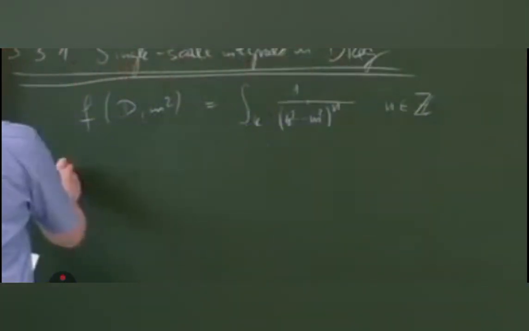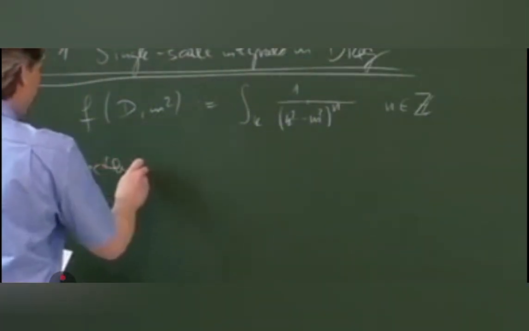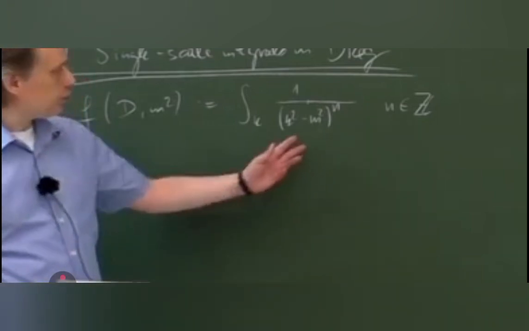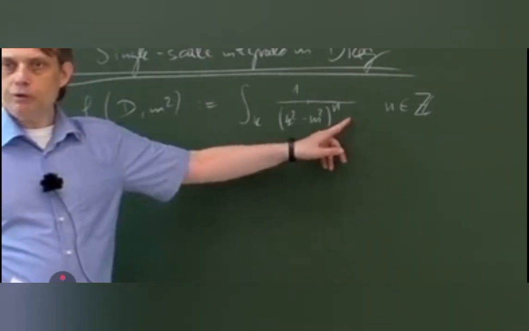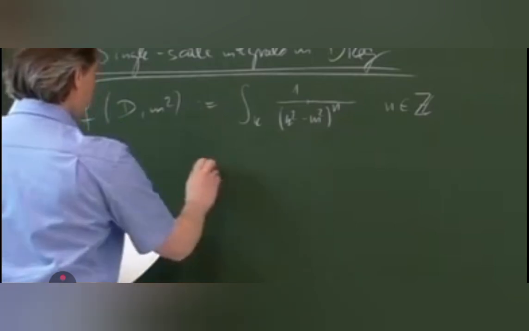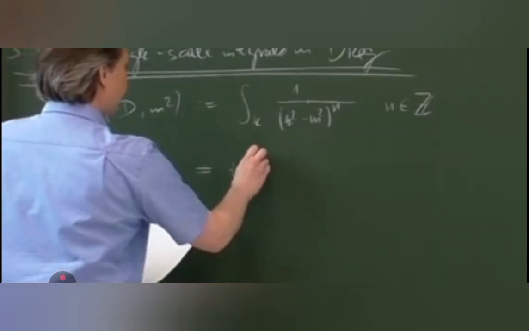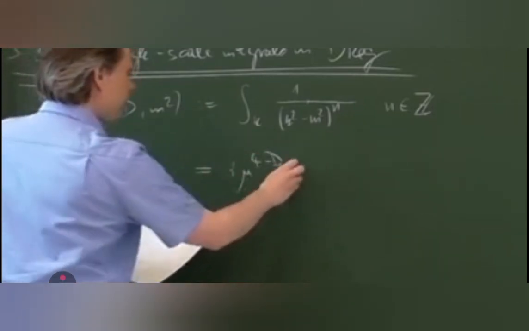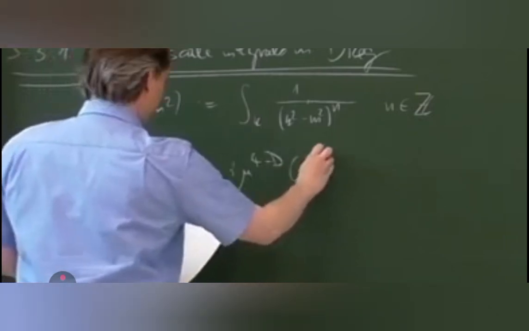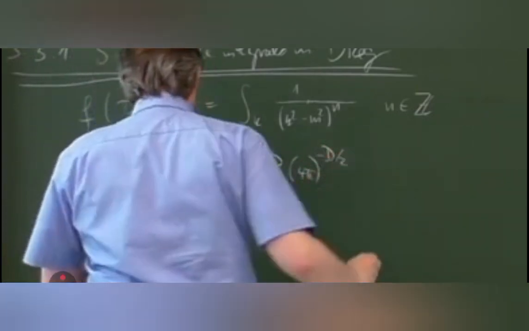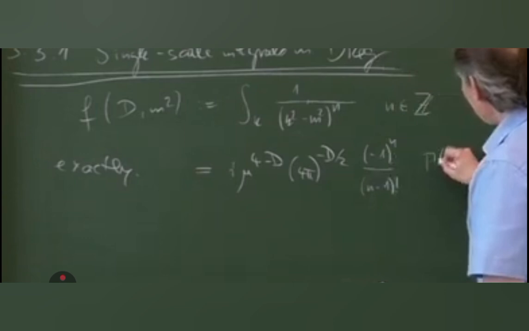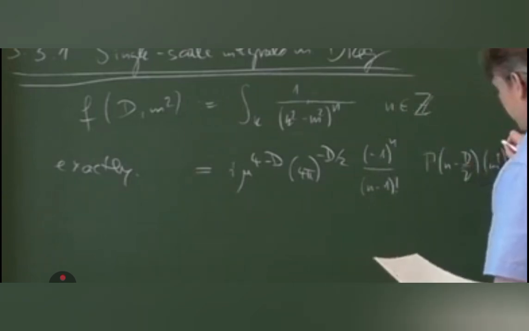So we know what the exact result is, namely from our master formula. That is exactly the master formula with index n. And so let me just copy the result. I times mu to the 4 minus d times 4 pi to minus d over 2 times minus 1 to the power n divided by n minus 1 factorial times gamma of n minus d over 2 times m square to the power d over 2 minus n.